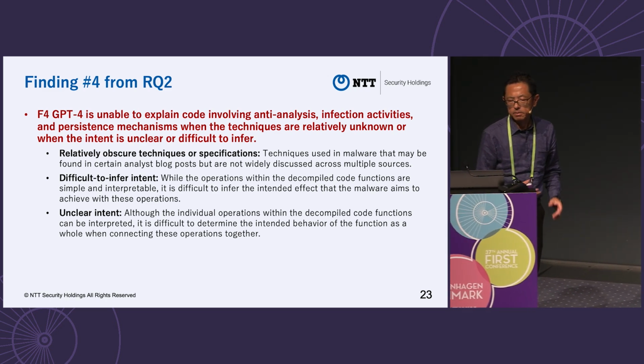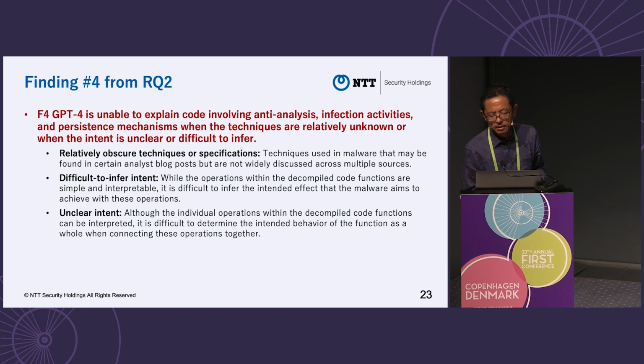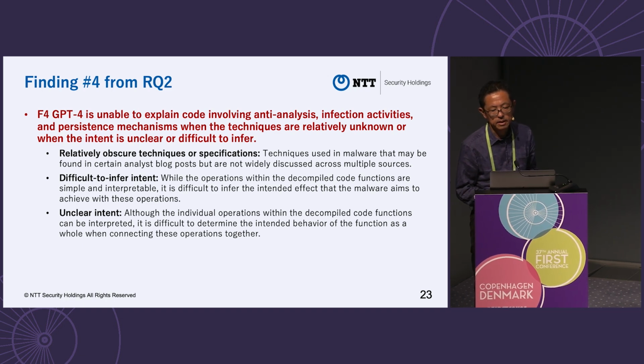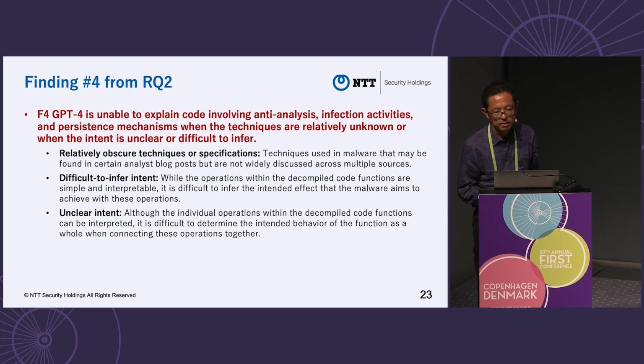I will explain the 3 points. The first is relatively obscure techniques or specifications. It refers to methods that might show up in niche blogs but aren't widely recognized or discussed. They are not part of the model's detection knowledge.